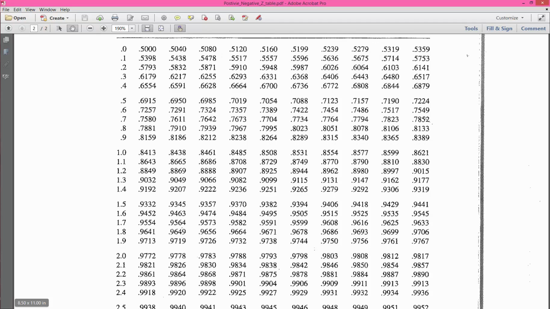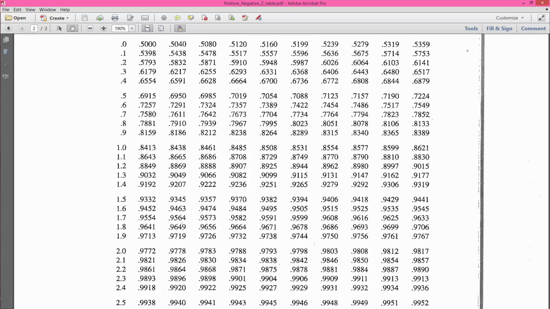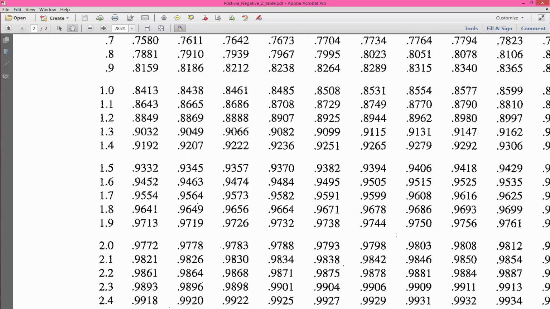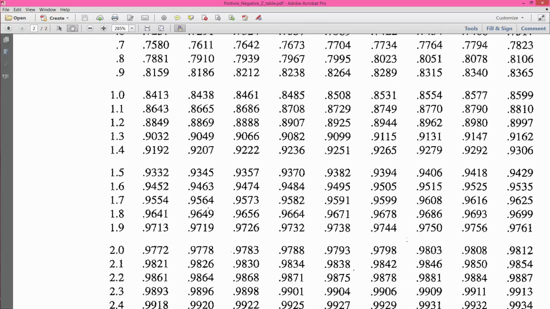2.10, it's right over here, and since this is a PDF I cannot highlight it, but you can see that the value is right over here, 0.9821.